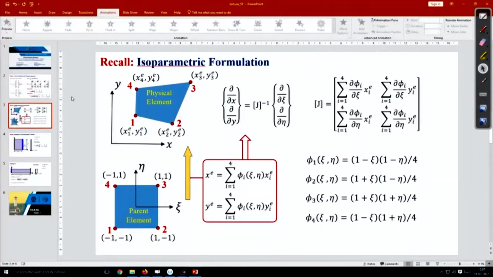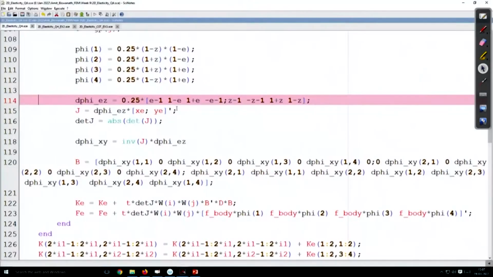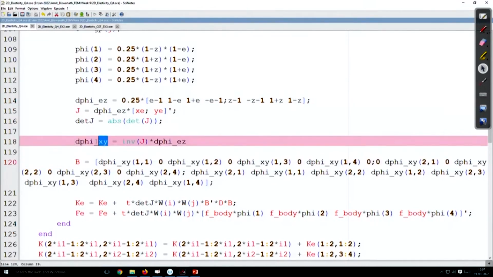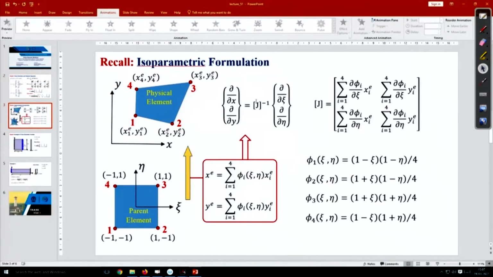In this expression, we need to compute the derivative of phi with respect to the xy coordinate system. But once we know the derivative of phi with respect to the natural coordinate system, this can be mapped to the derivative of phi with respect to the xy coordinate system using this Jacobian. So the derivative with respect to xy will be the inverse of the Jacobian times the derivative of phi with respect to the xi eta coordinate system. We have this equation, right?